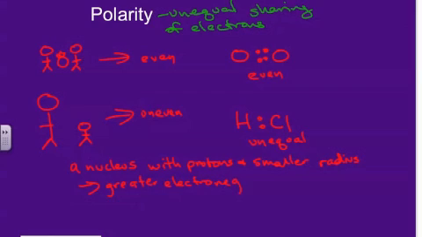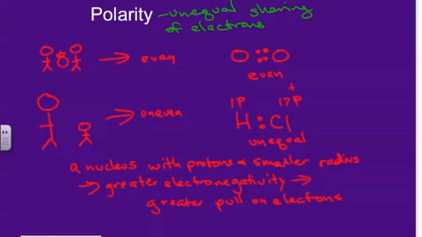And electronegativity is kind of an electron greediness, or it's the strength of pull an element has on electrons, not only its own electrons, but electrons that are not its own. So if something has a greater electronegativity, it's going to have a greater pull on electrons. So if we look at hydrogen and chlorine, chlorine has 17 protons in its nucleus. Hydrogen has a measly 1 proton.